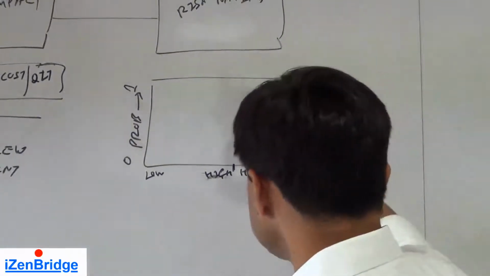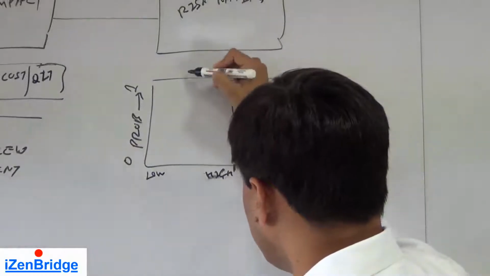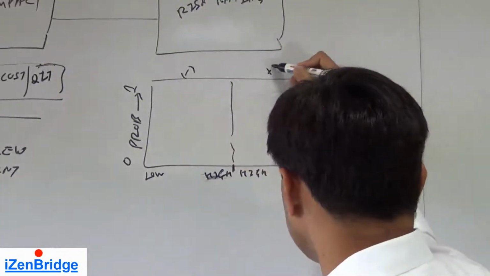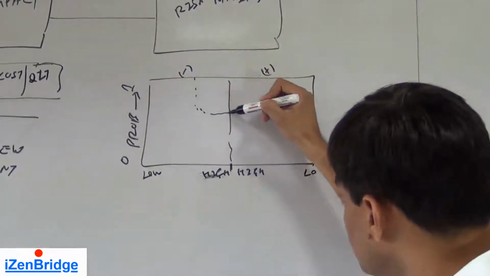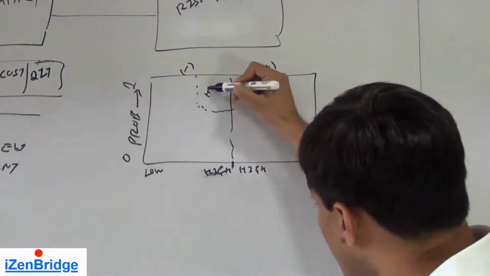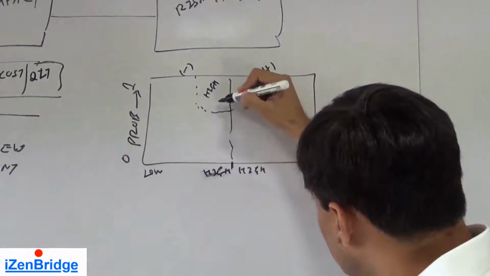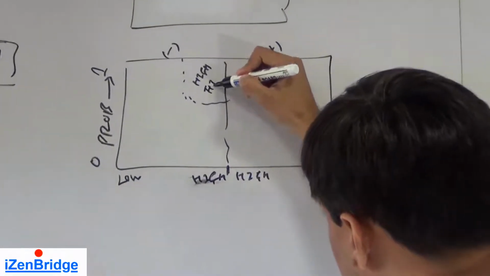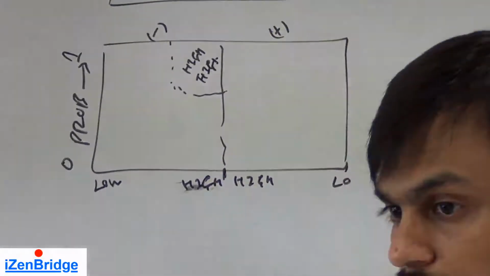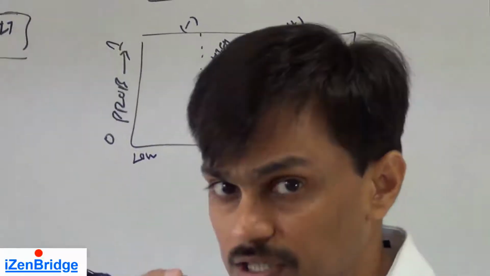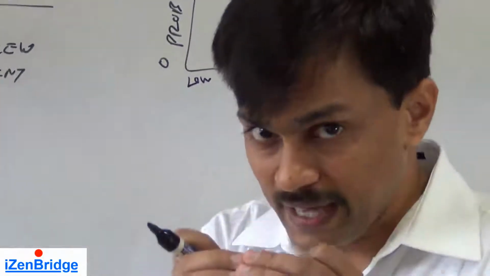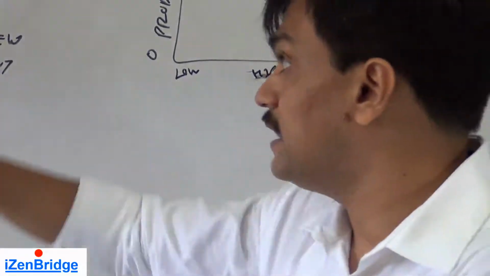This side we take for negative risk, and this side for positive risk. So the number which will come here would be where probability is high and impact is also high.